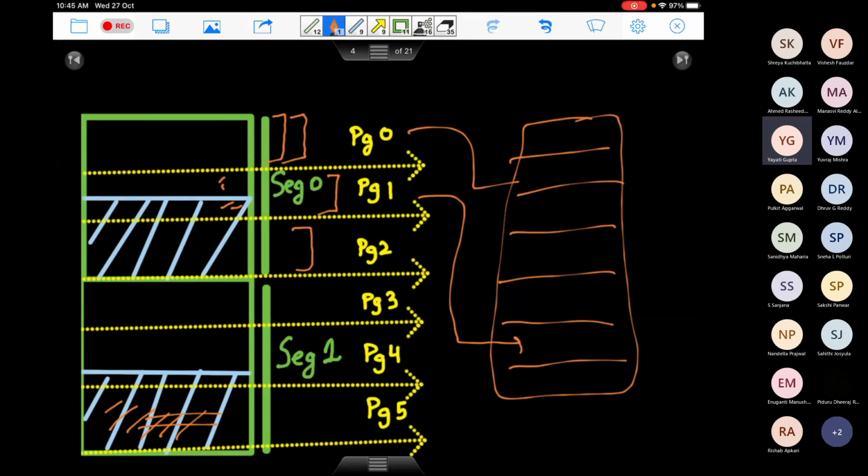But the problem comes when we talk about the page table. Can we remove the entries for these pages from the page table? So now if you look at the page table, your page table will have a frame number corresponding to page 0, page 1, page 2, so on and so forth. Can we just remove the entry corresponding to page 2 from the page table?